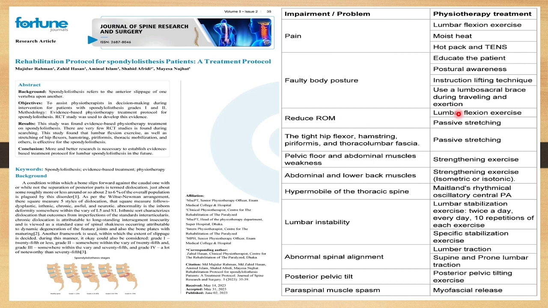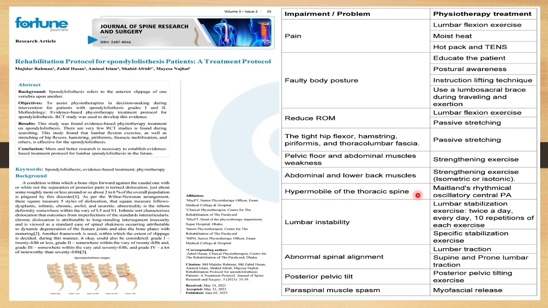They give lumbar flexion exercises and passive stretching for tight hip flexors, hamstrings, piriformis, and thoracolumbar fascia. For pelvic floor and abdominal muscle weakness, they gave strengthening exercises. Abdomen and lower back muscle strengthening, that is isometric or isotonic exercise, has been given.